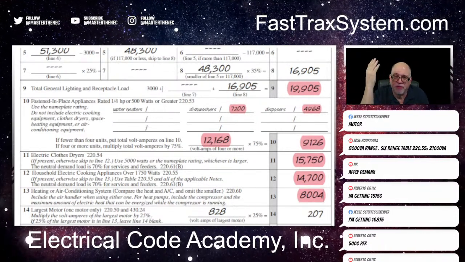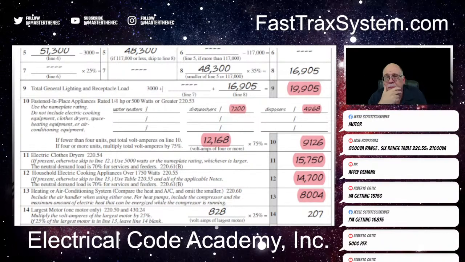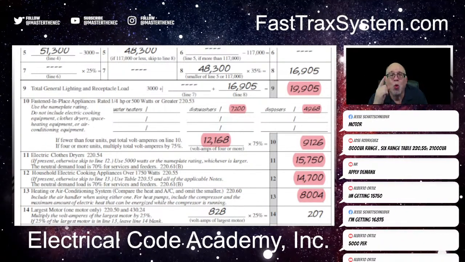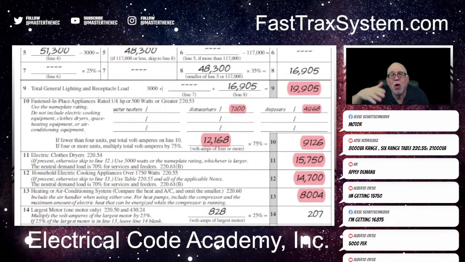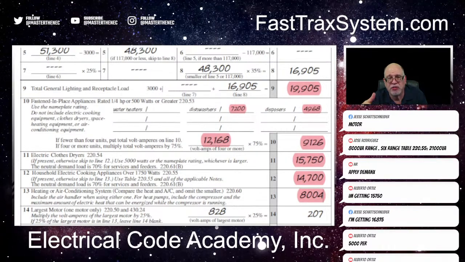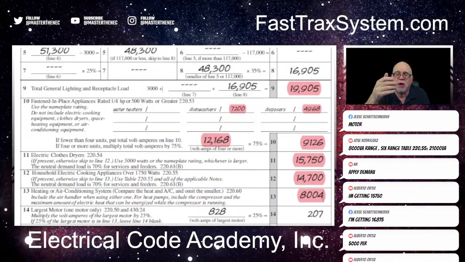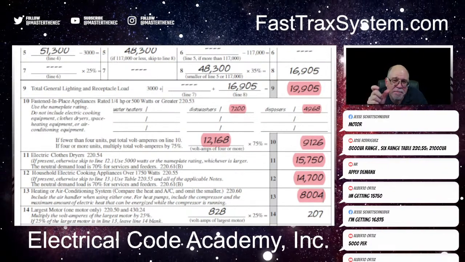I might have six units, right? And each one of them obviously has a motor, but I only need to take one of the motors at 125%. Since I've already taken the air handler into our equation for this neutral, that's part of that 8004, I only need to capture that 25%.